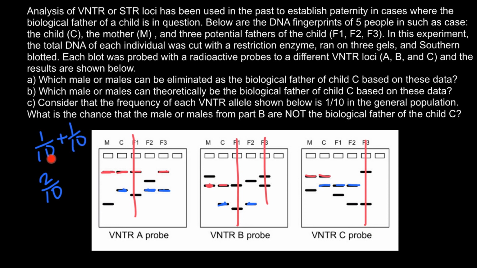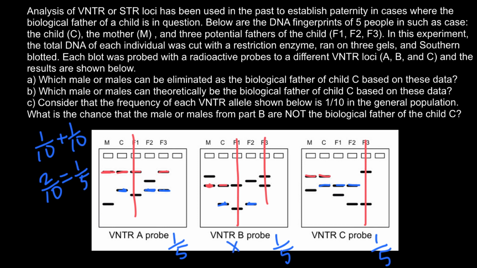So this is the probability for chromosome 1 to have the same size allele as this child, and this is the probability for the second chromosome. So all chromosomes go in pairs. This is how we got this number, or we can also say that 2/10 is equal to 1/5. So basically we have probability 1/5 here, 1/5 here, and 1/5 here.